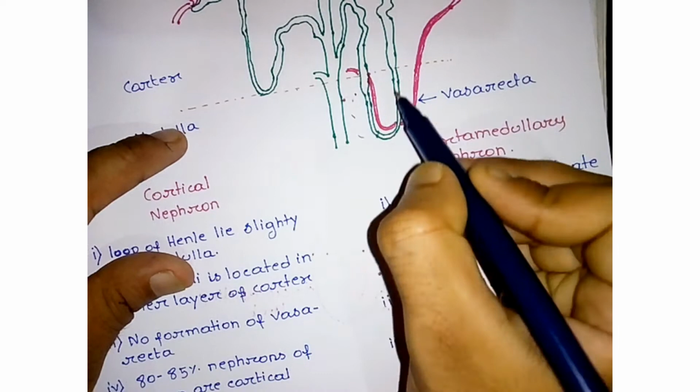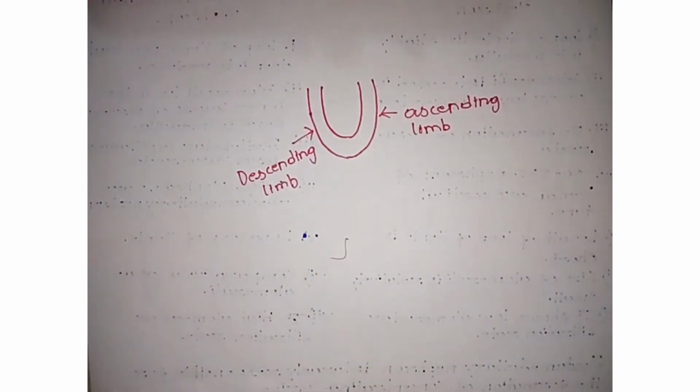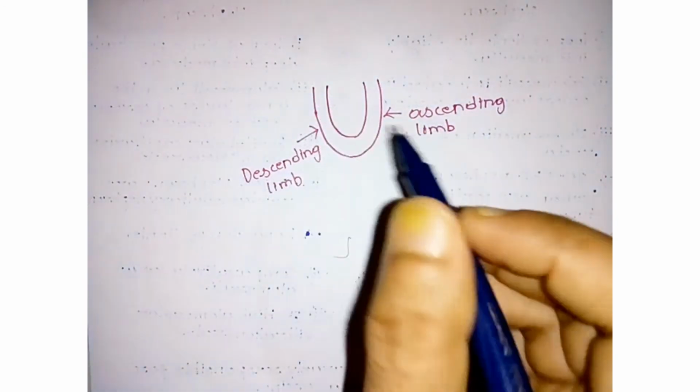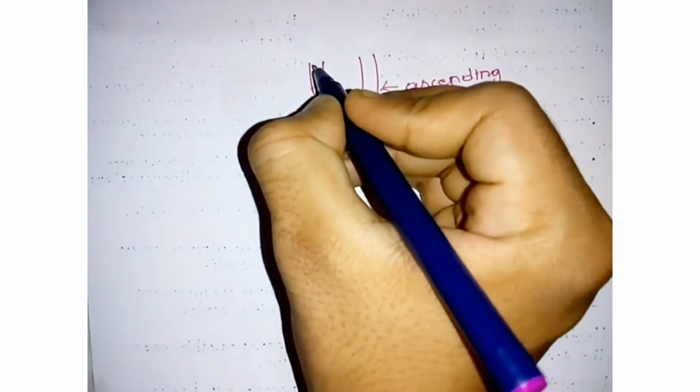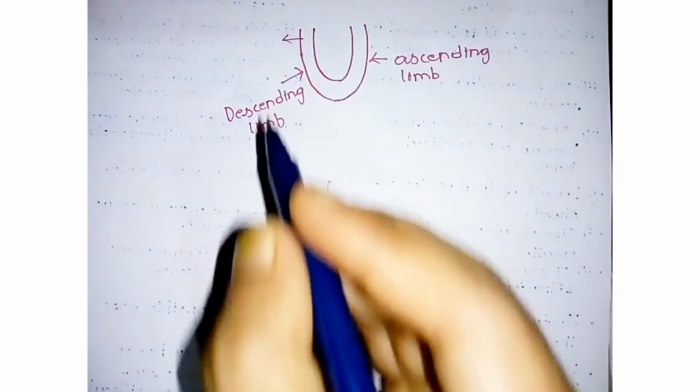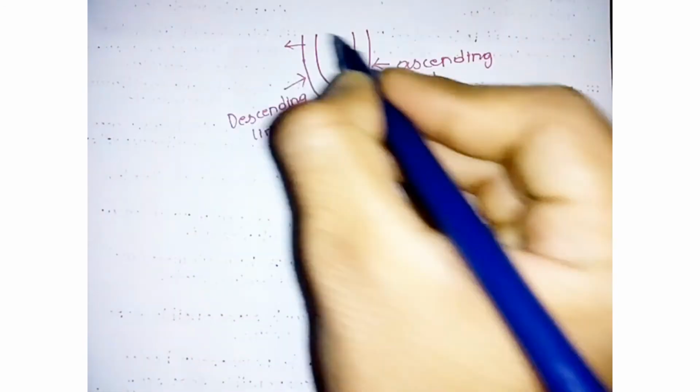If we take that part of the loop of Henle, we can find that the descending limb is permeable to water, so water moves out into the interstitial fluid.